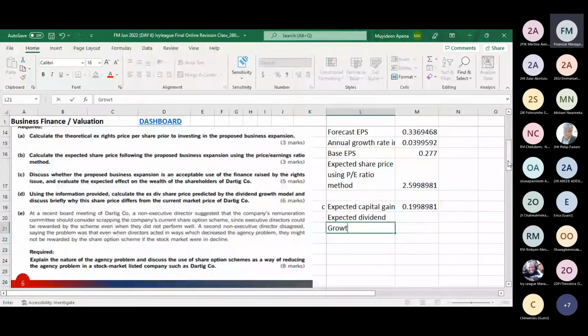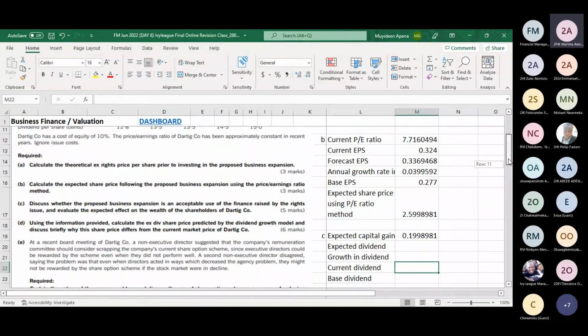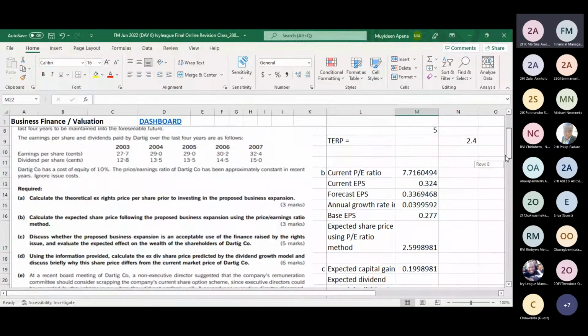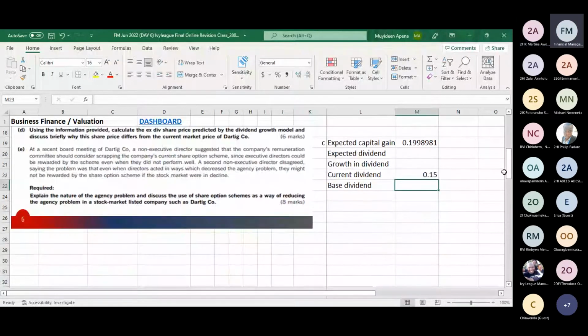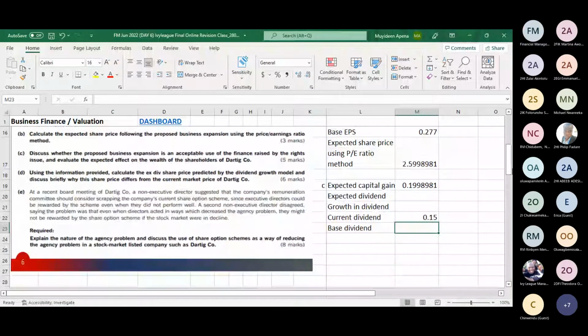So we need growth in dividend, which means what is the current dividend and what is the base dividend? Current dividend is 15 cents, and the base dividend is 0.128.